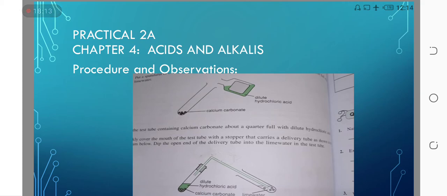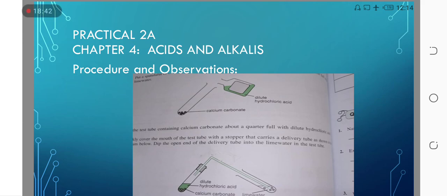Okay. You also have to perform the same experiment using dilute sulfuric acid and copper carbonate. You will observe the same result using lime water, and the effect of the gas on the lime water will also be the same, that is, white precipitates are formed and again carbon dioxide gas is formed.